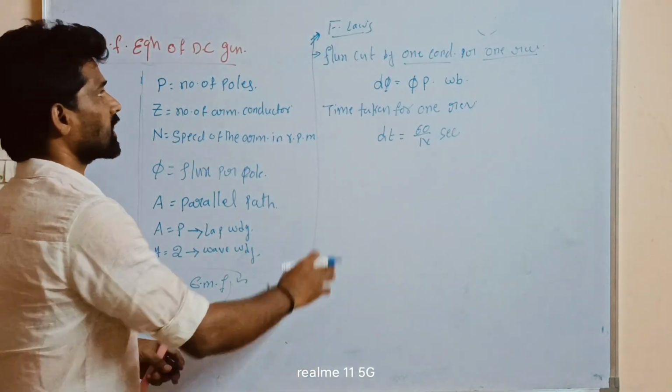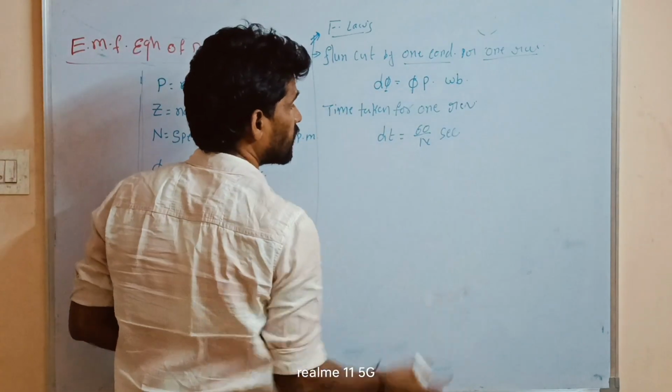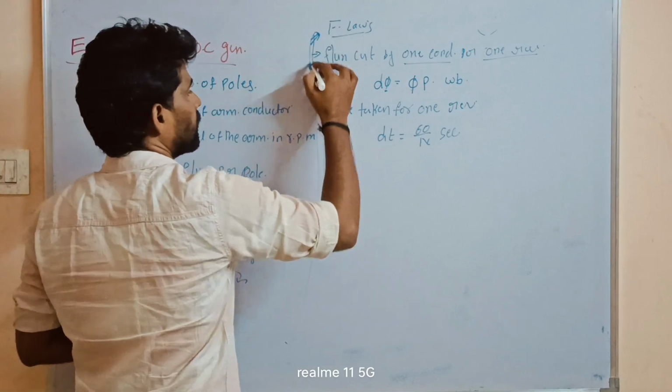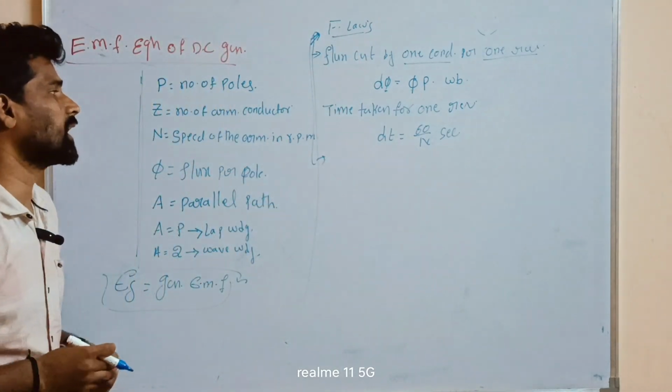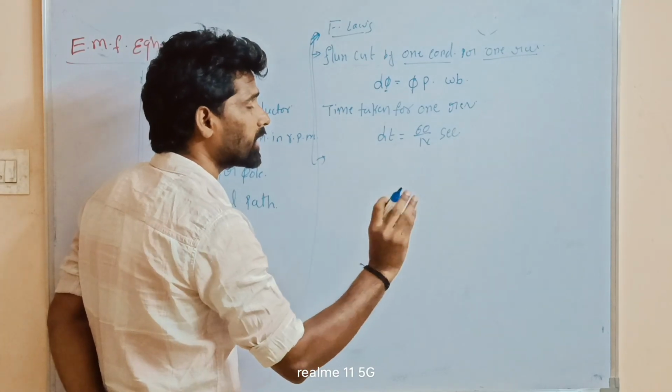So that is the flux cut by one conductor for one revolution, and the time taken for one revolution. Now coming to Faraday's law. Whenever a conductor cuts the magnetic field, an EMF will be induced in the conductor.